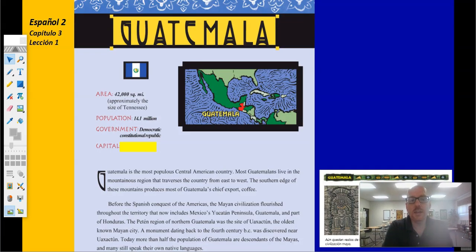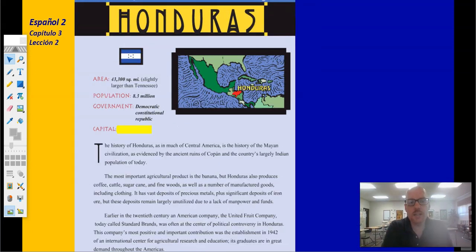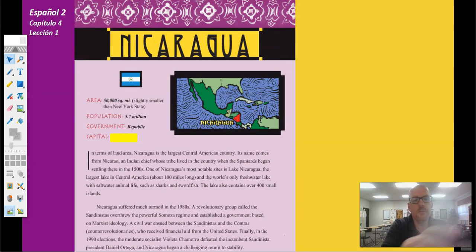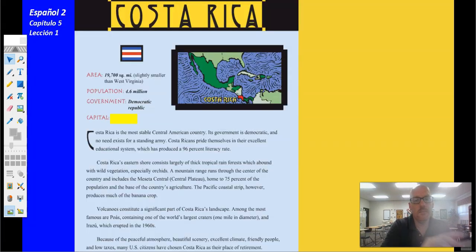La capital de Guatemala es Guatemala. La capital de Honduras, Tegucigalpa. La capital de El Salvador, San Salvador. La capital de Nicaragua es Managua. Costa Rica, San José.